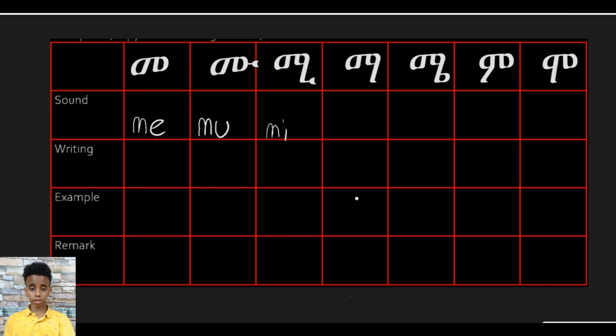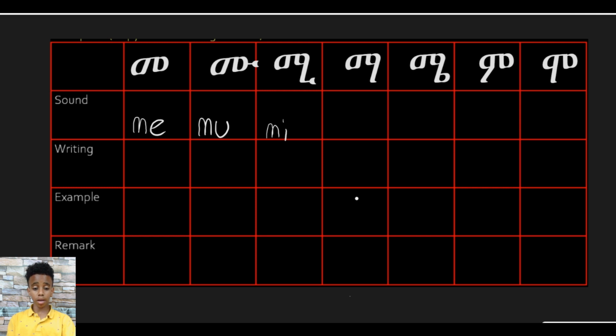M-I in English. Now some of you may be wondering, wait, this letter is, as you said, Mi, so why did you write it as M-I? The answer is, if you were to write M-I on your keypad or keyboard, then you would make the letter Mi.